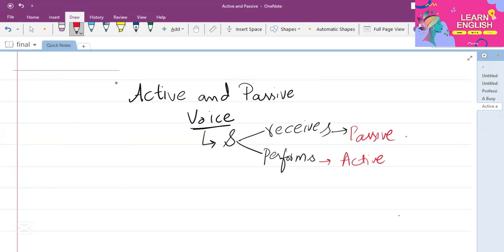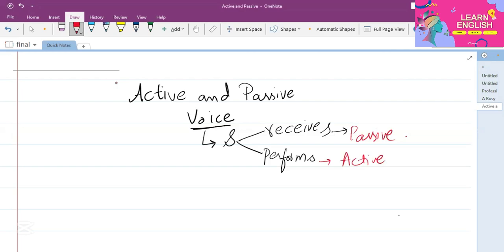It is used in scientific writing, reports, and many other things. You must know how to use them, when to use them, and where to use them.